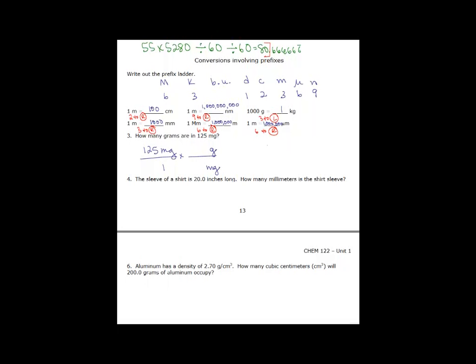So 1 gram is equal to how many milligrams? So 3 to the right, 1,000 milligrams. So then I would plug it in here, 1 gram, 1,000 milligrams, so it's 0.125 grams. The other thing you could do is just move the decimal 3 to the left. Just the same as dividing by 1,000. So, however you want to work it.